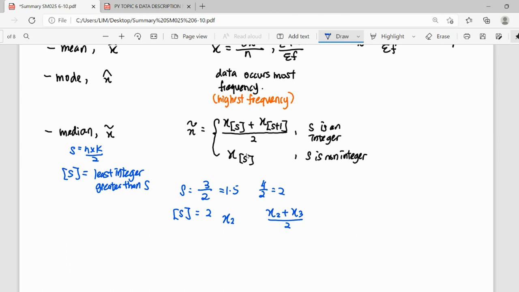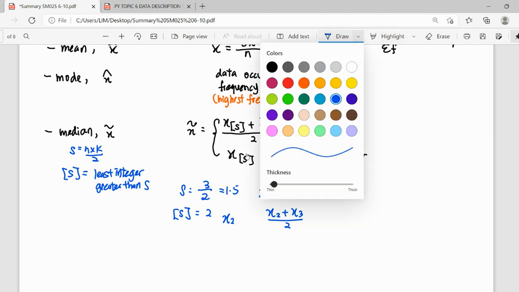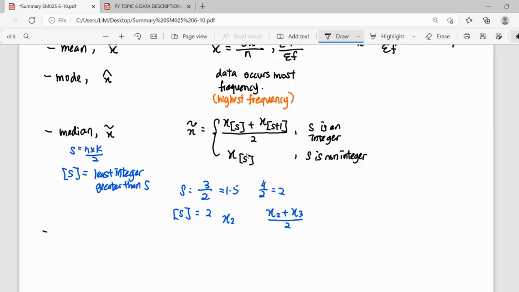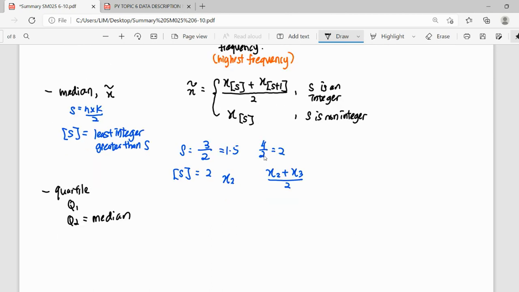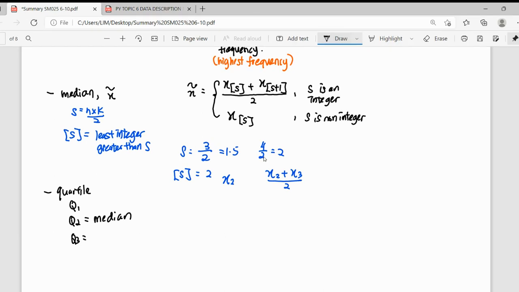Just when we move to quartile, for Q1, the location is different. Q2 will be the same as median. Q3, location different. So where's their location?